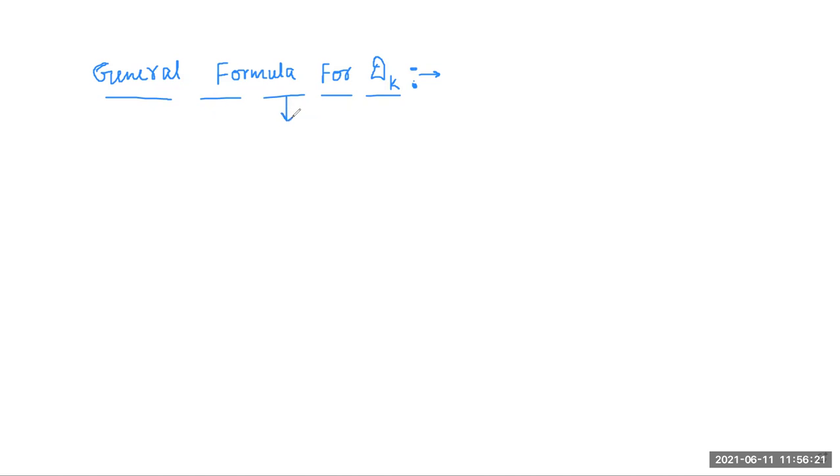Next is the general formula for dk. So basically I derive a general formula for decay. Don't worry. Decay is equal to degree of freedom. Degree of freedom is equal to nj minus c plus.